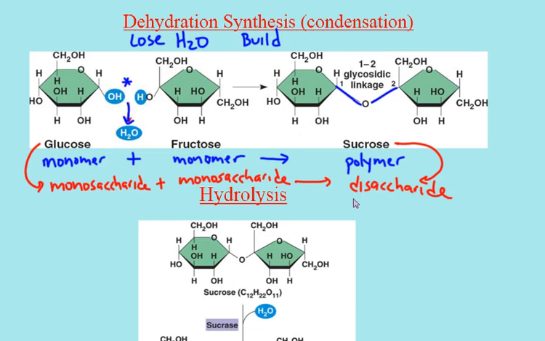Reason being is it is made up of two sugars, those sugars being glucose and fructose bonded together. So by losing water, we are making something more complex. Two things became one thing, more complex.